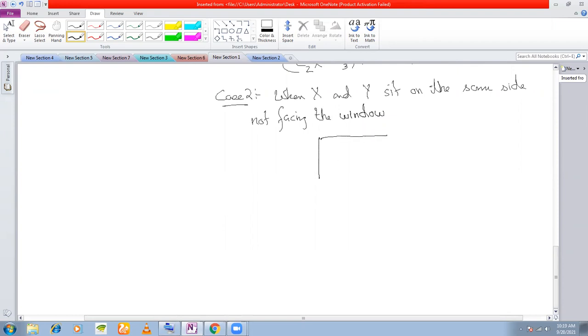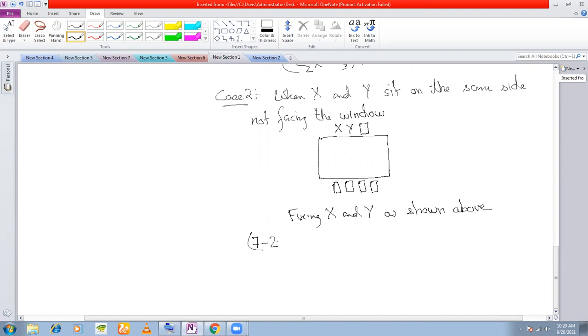You have this table here. You have 4 people. And you have, let's make X and Y sit here. And you have a third empty place. So fixing X and Y as shown above. How many seats left? Only 1 seat left.